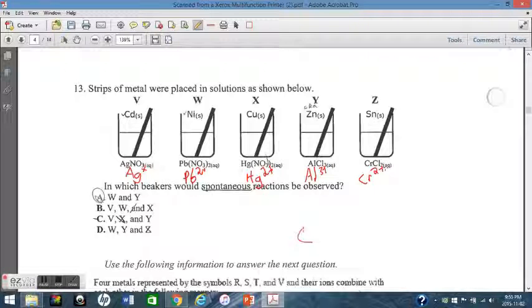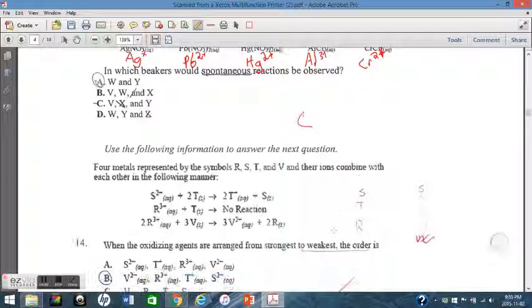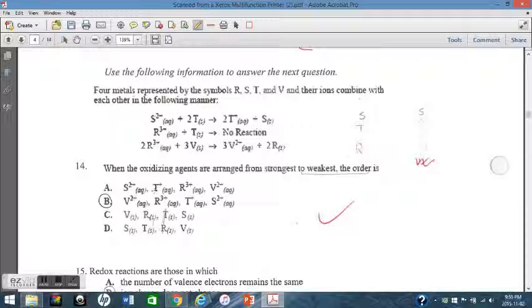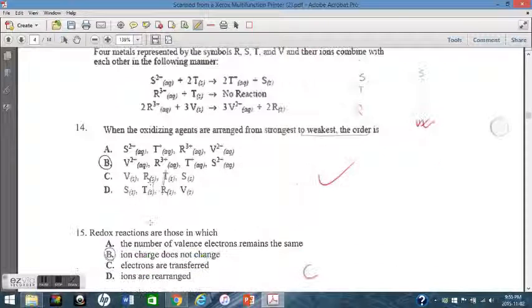And that might help make them easier to find on that chart on our reducing agent. So let's try that again on our standard reduction potential chart. Okay, very well done here.